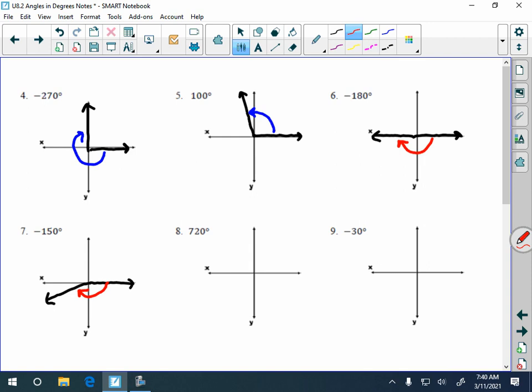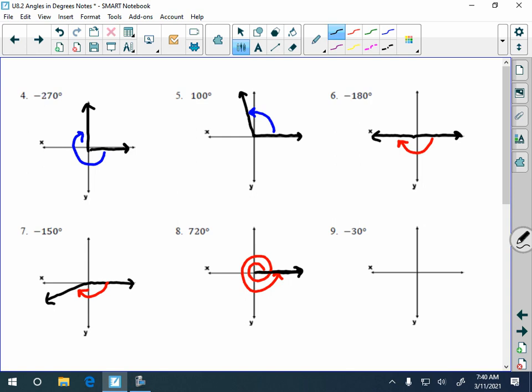Positive 720. Now 720, that is 2 complete revolutions. All right, so we're going to start here. We're going to go in the positive direction, 2 complete revolutions. So that's 360, and then that's 720. Okay, again, we start and end at the same spot.